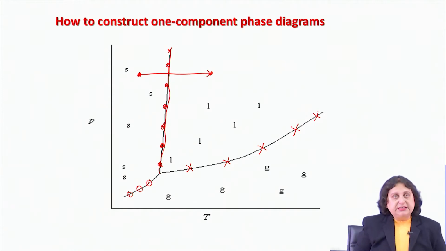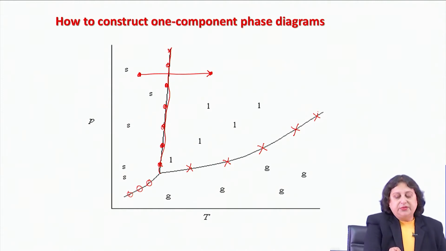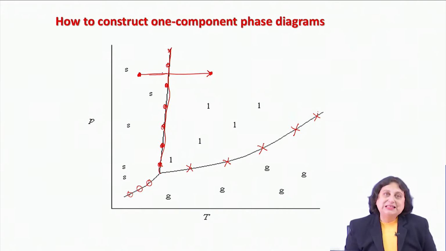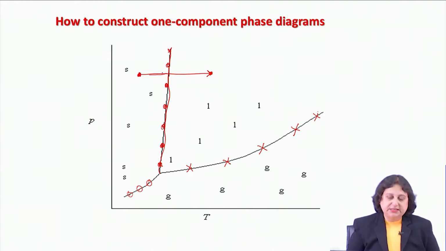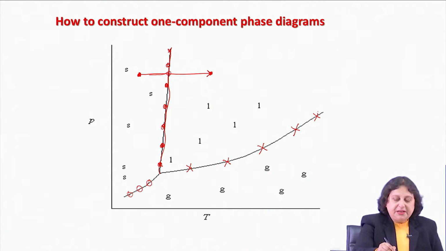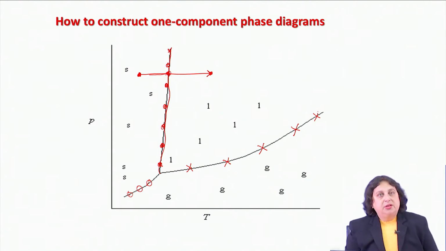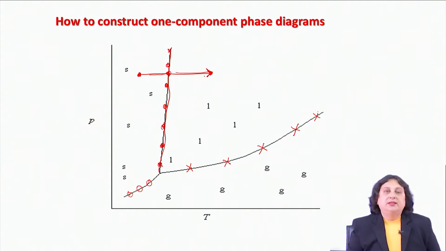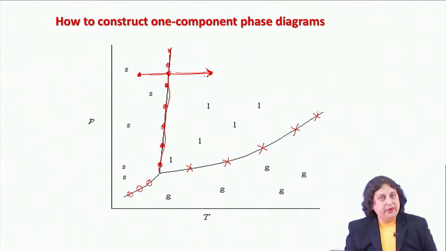So, the process involved would be heating of the solid till here, where there will be a single solid phase of the substance. When the temperature reaches this value, the liquid phase will be in equilibrium with the solid, and then when I heat it further, there will again be a single phase, which is a liquid phase, and there will be heating of the liquid.